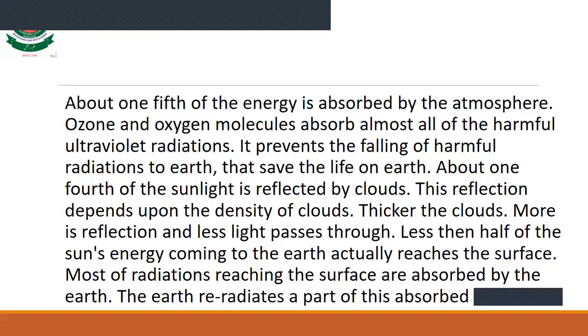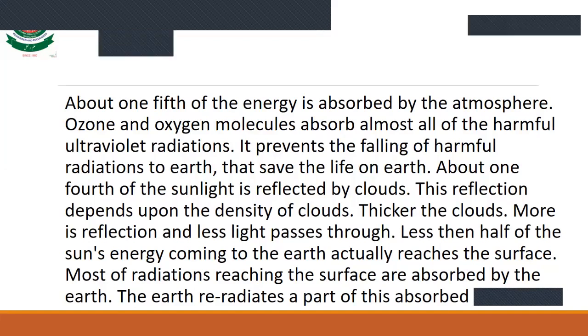It prevents the falling of harmful radiations to earth. As I discussed, some of the ultraviolet rays are absorbed or moved back towards space. It prevents harmful radiations from falling to the earth, and that saves life on earth.